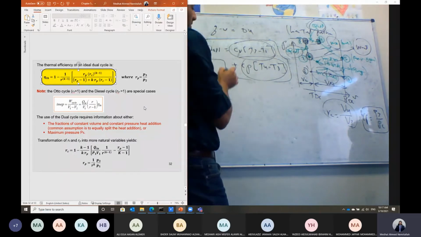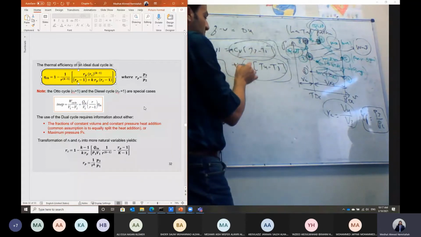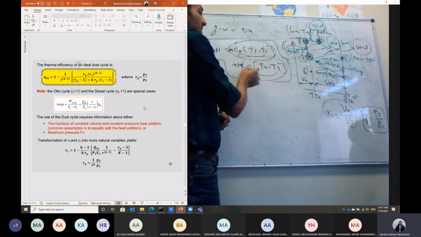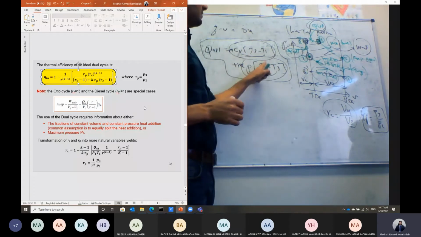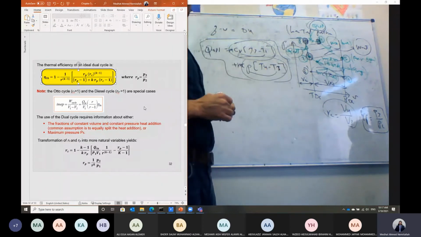So we can say Q added will equal to m Cv (T3 minus T2) plus m Cv (T4 minus T3). Just take T1 as common, and then T3 over T1 and here T4 over T3. And just go with this process like what we have done last time.